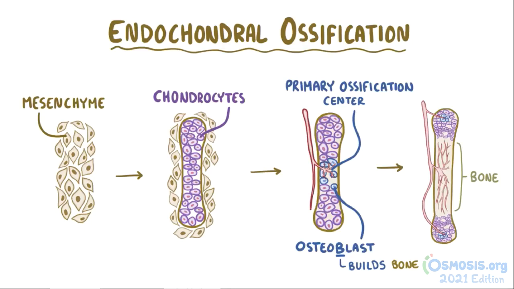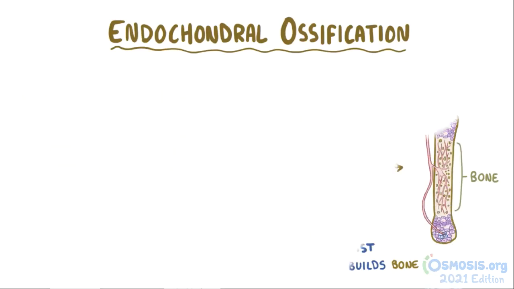The osteoblasts replace the chondrocytes at the primary ossification center and start to replace the cartilage with bone. As the bones grow thicker and more sturdy, osteoclasts start to chomp away in the middle of the bone, making it more porous, and this is how bone marrow appears.